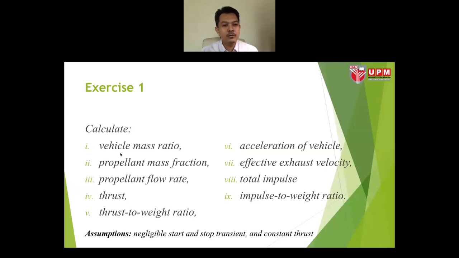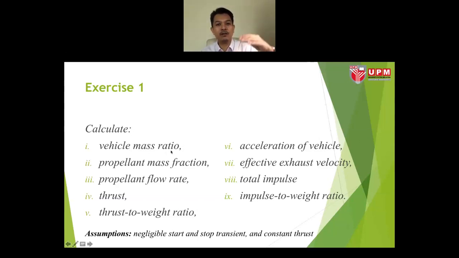You calculate the vehicle mass ratio, the MR, then the propellant mass fraction, the propellant flow rate, the thrust to weight ratio, acceleration of vehicle, effective exhaust velocity, total impulse, and finally the impulse to weight ratio.